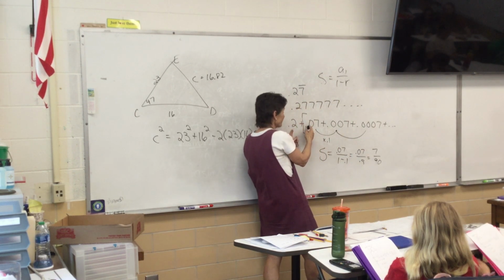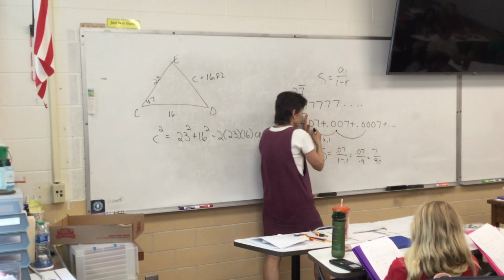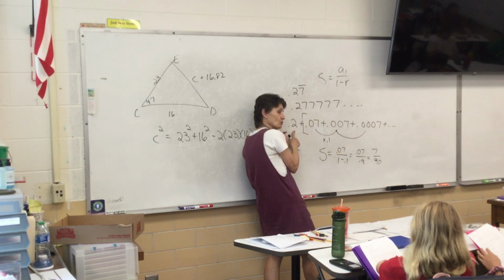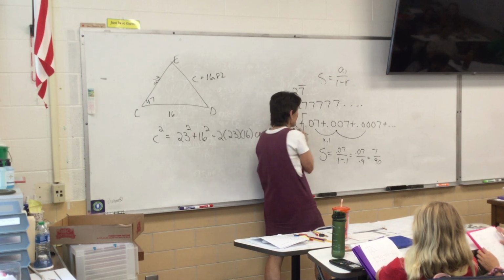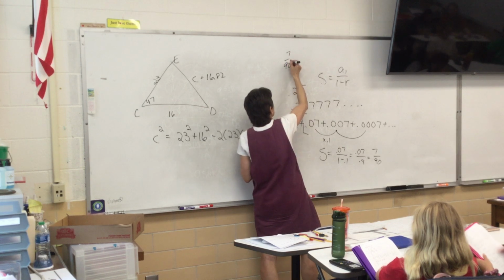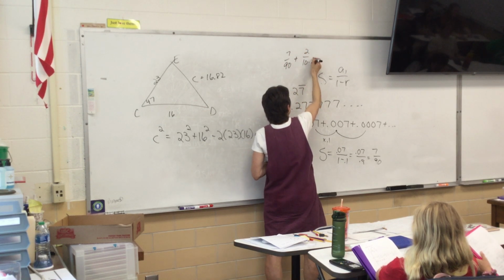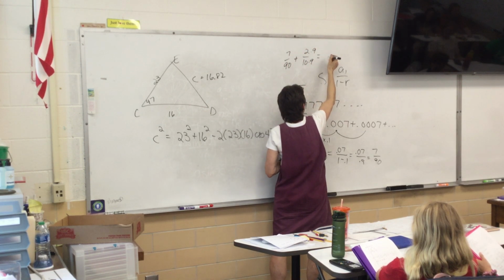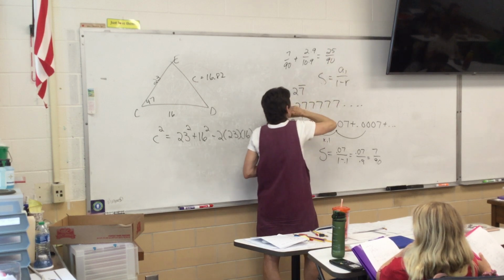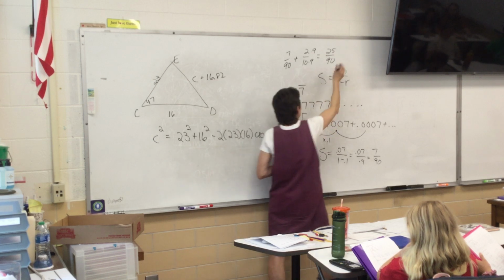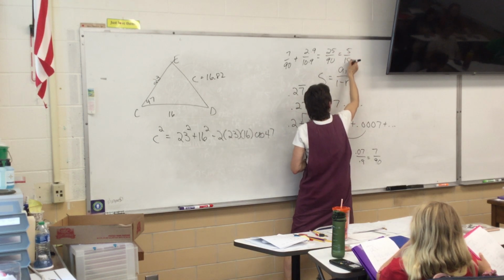So what do I have to do now so that I get the whole decimal? I got this much of it done. Now I have to add in 2/10. So 7/90ths and 2/10, get a common denominator. 25 over 90, which reduces to 5/18ths.